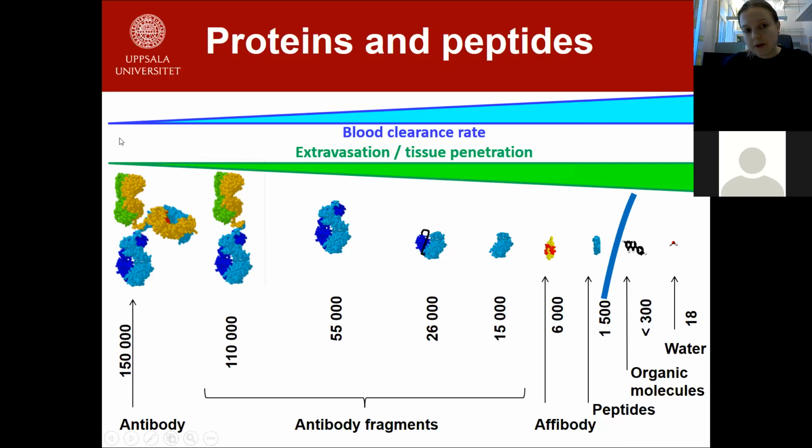The large molecules such as monoclonal antibodies stay in the blood for a very long time, and for some monoclonal antibodies the half-life in blood is weeks, sometimes 1 week or 2 weeks. And the smaller the size, the faster these molecules are cleared from blood, and also the smaller the size, the better they can penetrate into the tissue and reach a tumor, for example, if we're interested in imaging tumors.